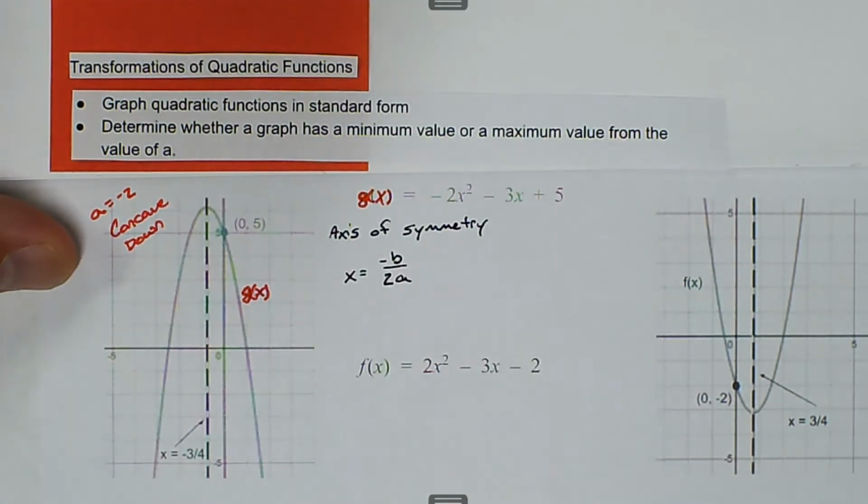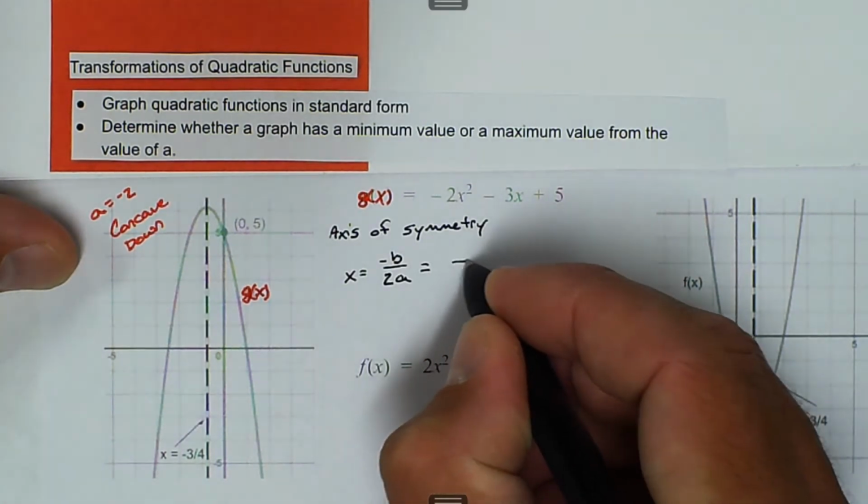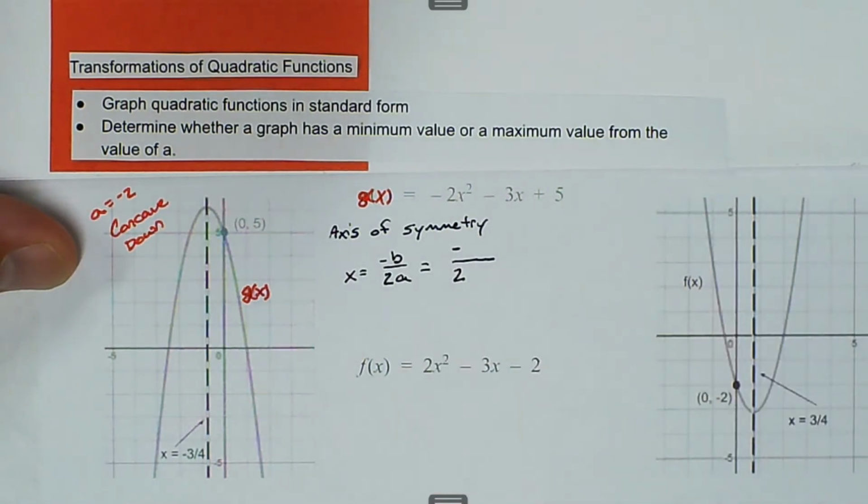So we're going to write our formula, things that have to stay no matter what. We're going to have the divide sign, we're going to have the 2, and we're going to have the negative. Those things are going to stay, doesn't matter what's in the equation.